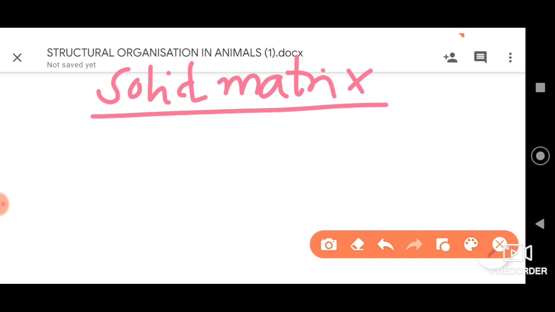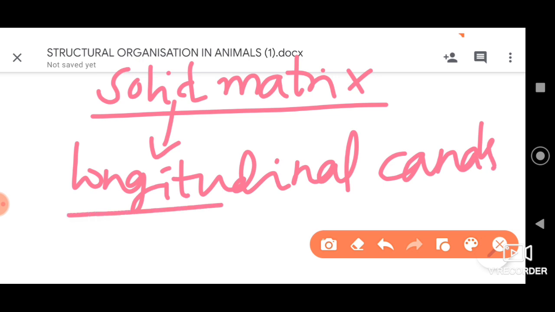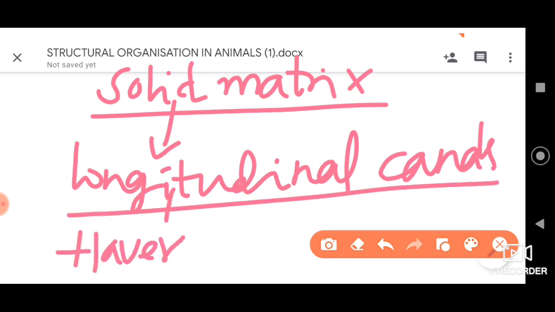They all give the rigidity, the solid nature to the bones. In this solid matrix we can find certain longitudinal canals. These longitudinal canals are called Haversian canals, dear students.